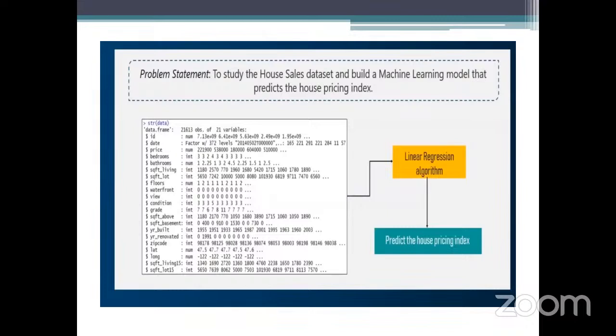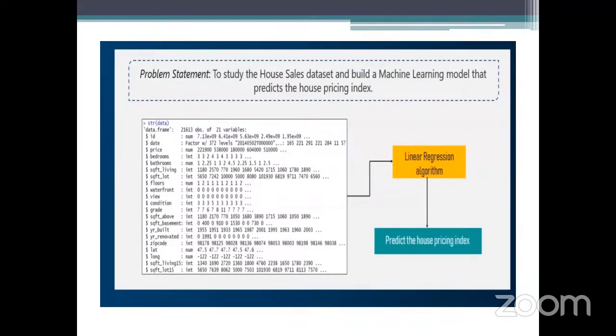The first thing you should look at is your target variable. If you want to understand whether this is a classification, regression, or clustering problem, look at your target variable, or your output variable, that you are supposed to predict.